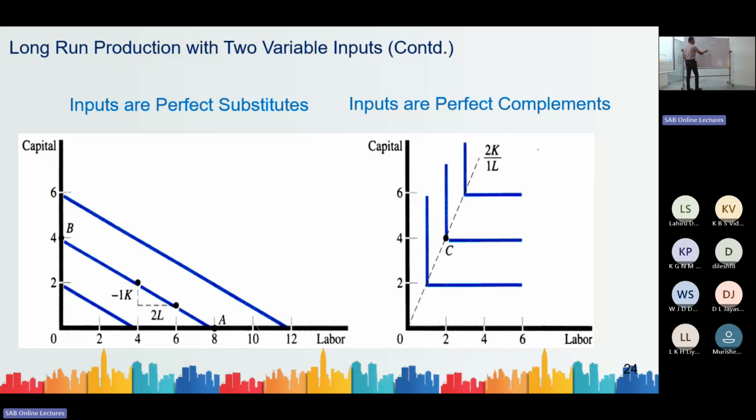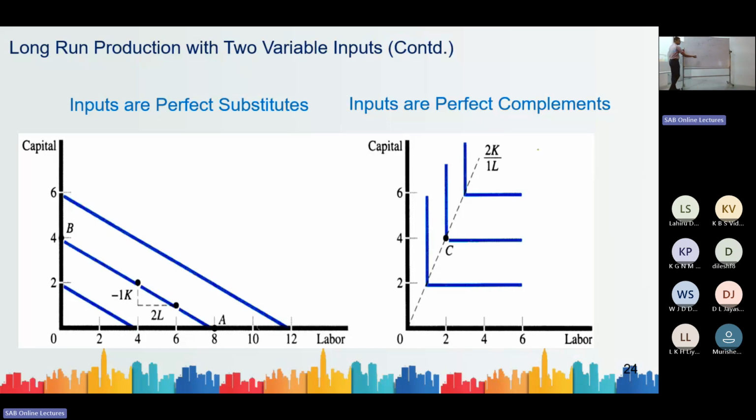Point B belongs to Q2. So at point B, the firm produces 200 units. Let's assume that while holding the labor input constant, the firm increases capital input to 25 units.